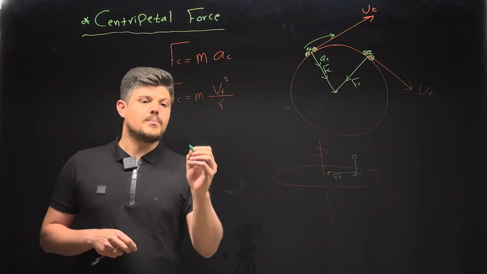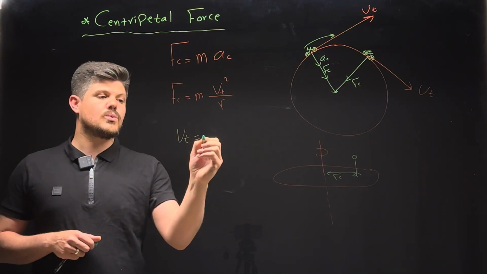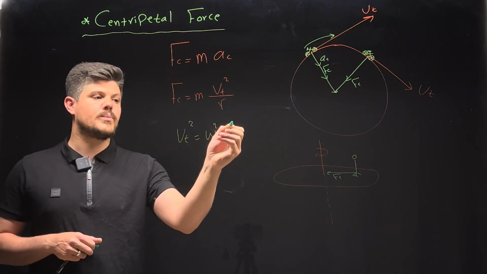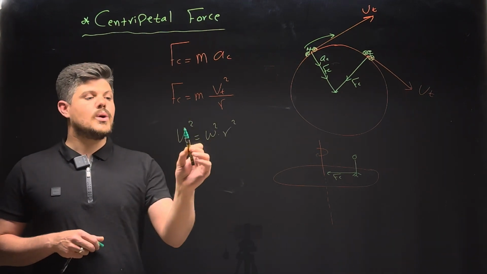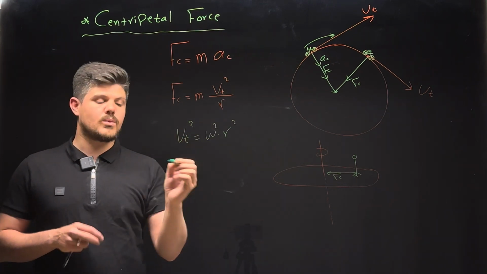So we can find the centripetal force when the object spins by using this equation. As you know, vt is equal to what? vt is equal to omega r. What about vt squared? It is equal to omega squared r squared. So we can substitute this into the equation.